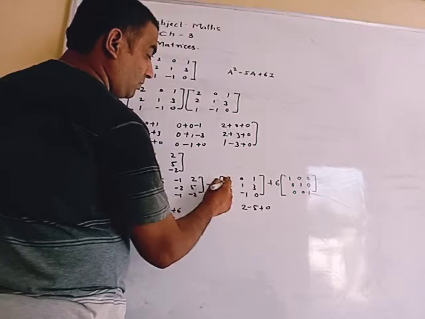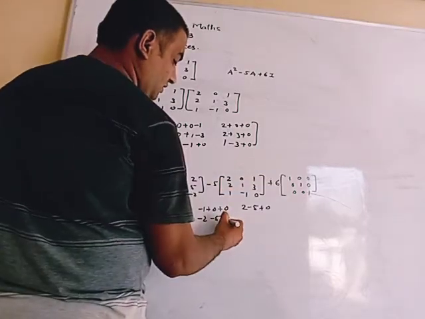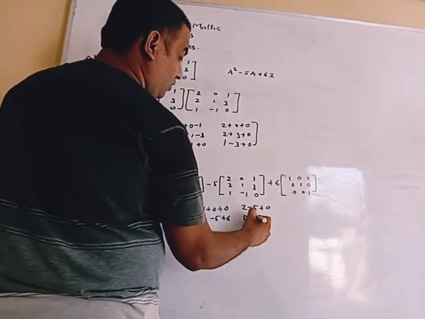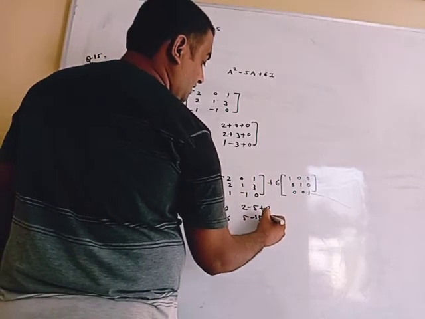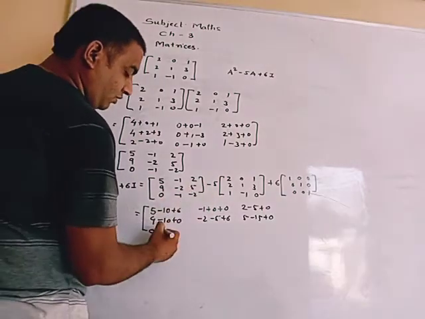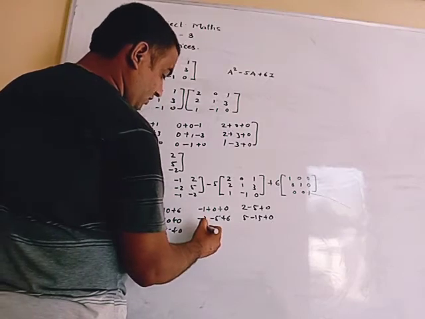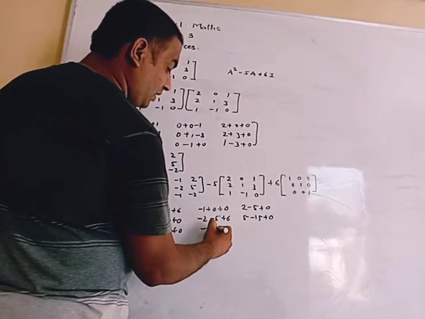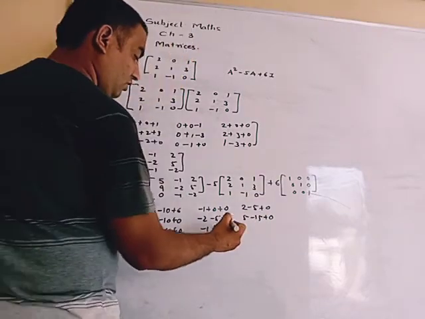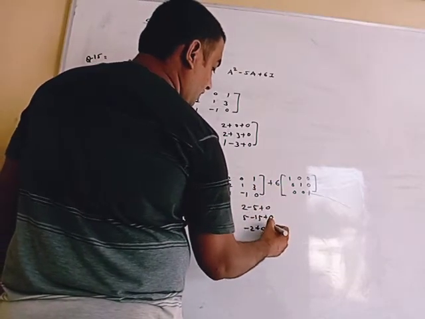Minus 2 minus 5 into 1, minus 5, and 6 into 1, 6. 5 minus 5 into 3, minus 15, and 6 into 0, 0. 0 minus 5 into 1, minus 5, and 6 into 0, 0. Minus 1 minus 5 into minus 1, plus 5, and 6 into 0, 0. Minus 2 minus 5 into 0, 0, and 6 into 1, 6.